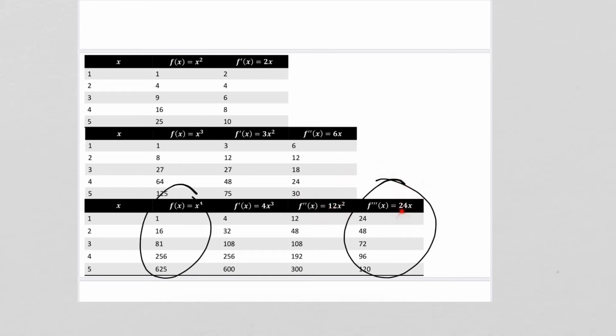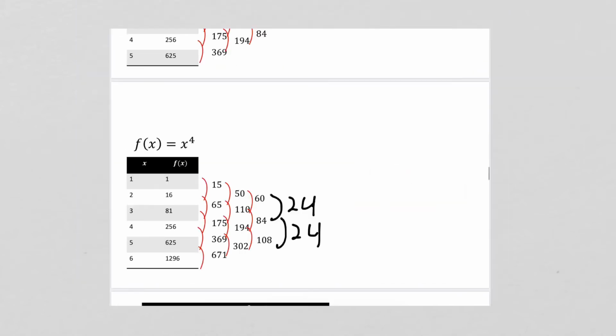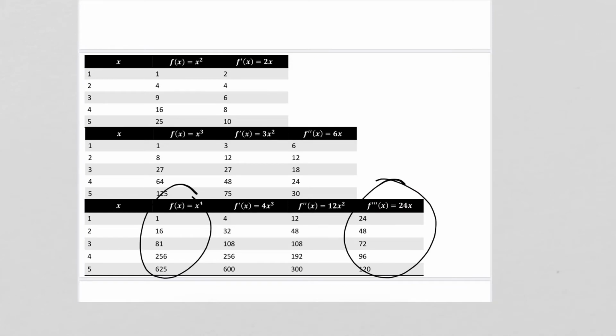Take the derivative one more time, we hit 24x. And again, that's what we saw with x to the fourth. We take the change in rise, and then the difference of that change in rise, and then the change of the change of the change in rise, what do we get now? We get that that linear piece is 24, okay, seems to be related to our derivatives, okay?